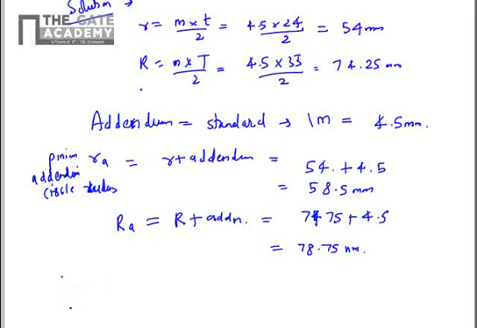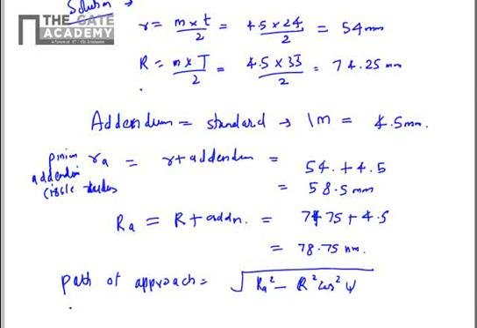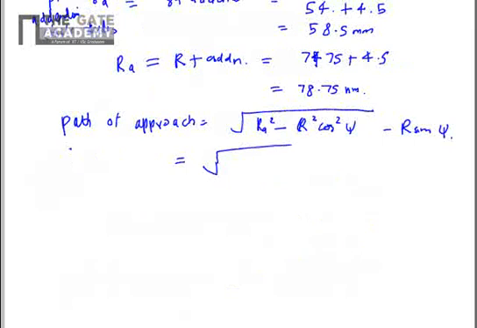We know the values of small r and Ra. Now we know the formula for path of contact. So path of approach is square root of Ra square minus r square cos square xi, minus r sin xi. Put the values here and do the calculation: 78.75 square minus 74.25 square cos square 20 degrees, minus 74.25 sin 20 degrees.